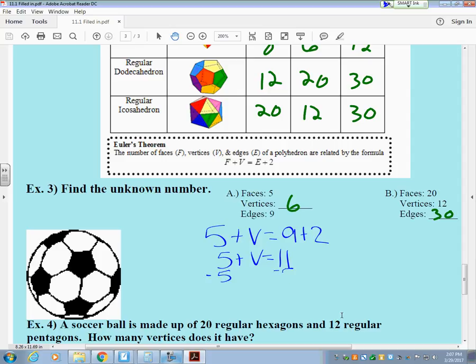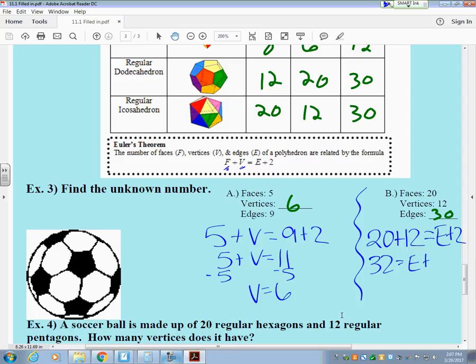So v has to equal 6. And look at example B. If I have 20 faces, 12 vertices, that's equal to e plus 2. So 20 plus 12 is 32, equals e plus 2. E is equal to 30.